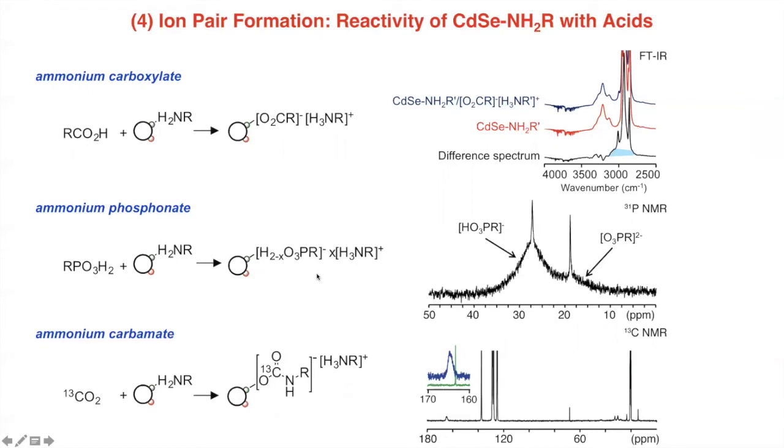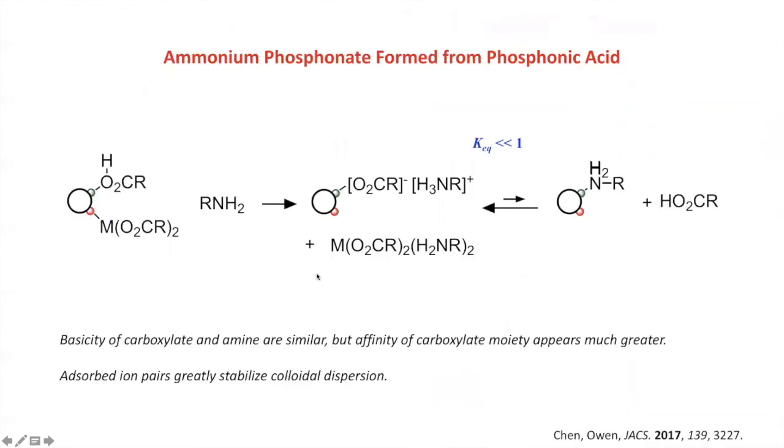All right, so in a displacement equilibrium, there's some tricky stuff going on. If you add a primary amine to a sample of nanocrystals with metal carboxylate salts that also has carboxylic acid present, you can displace the metal carboxylate as an amine complex, but you can also form these ammonium carbamate salts that adsorb to the particle. Now you might think, all right, well, maybe the amine can also displace the ammonium carboxylate and just make the amine bound sample again.